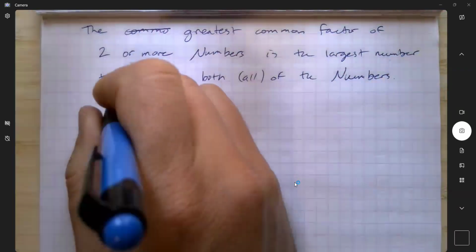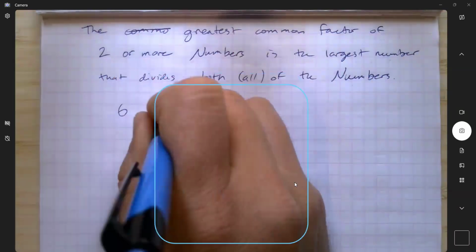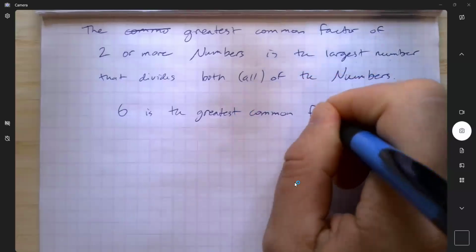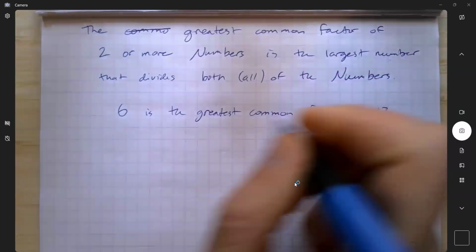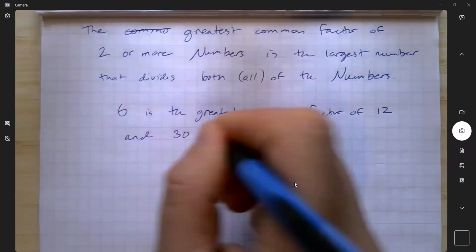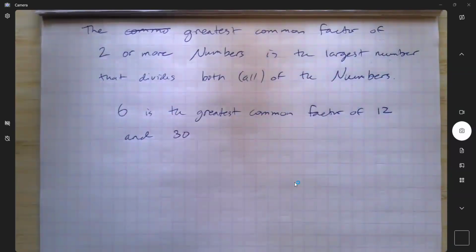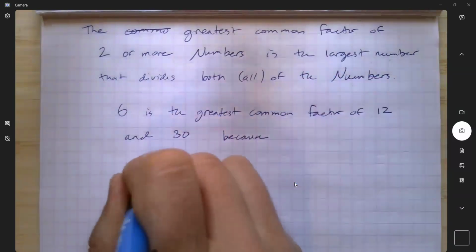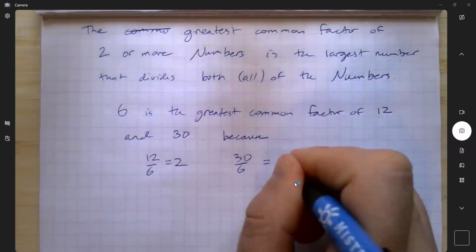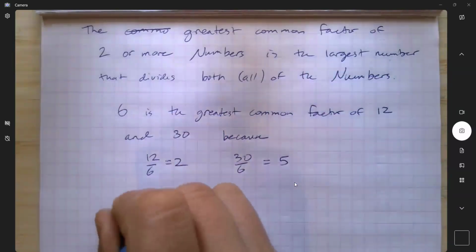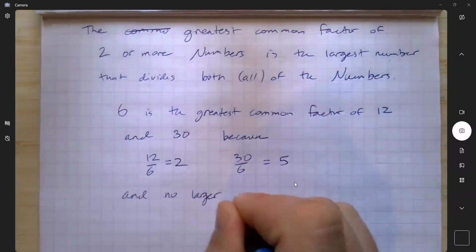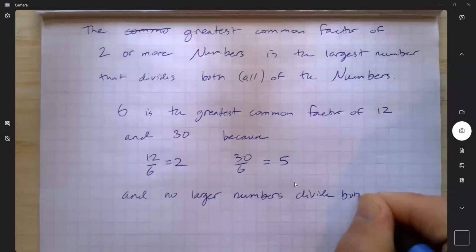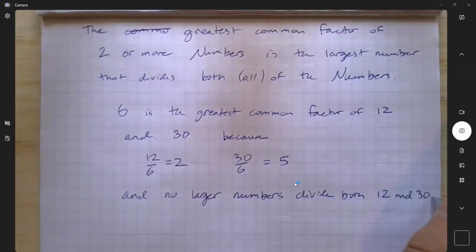So for example, let's see, 6 is the greatest common factor of 12 and 30, because 12 can be divided by 6, 30 can be divided by 6, and no larger numbers divide both 12 and 30.